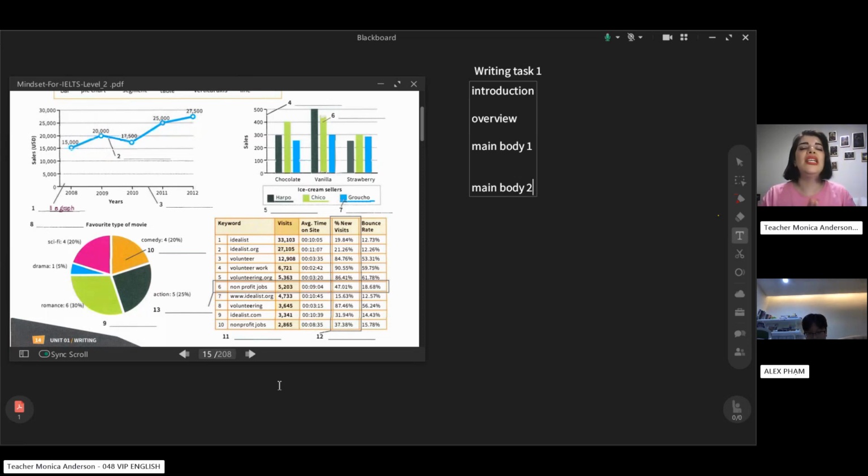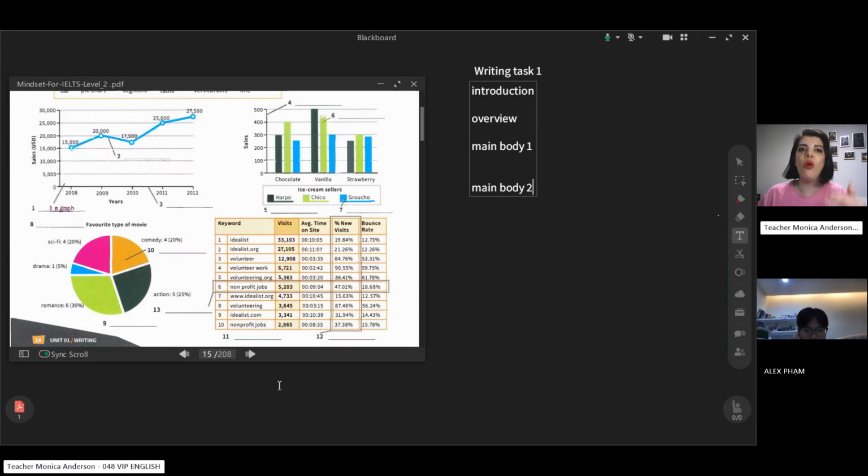The first paragraph is the introduction. The introduction is normally the same for different charts and diagrams. We don't write the same thing, but we follow the same structure. What should we do to write an introduction? We need to paraphrase the question.